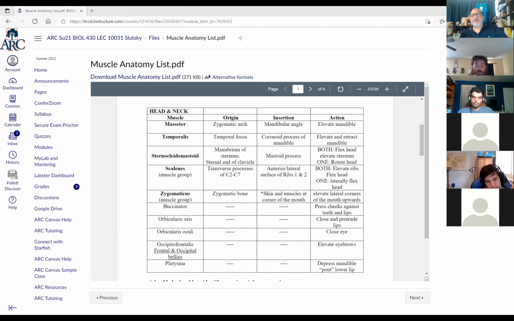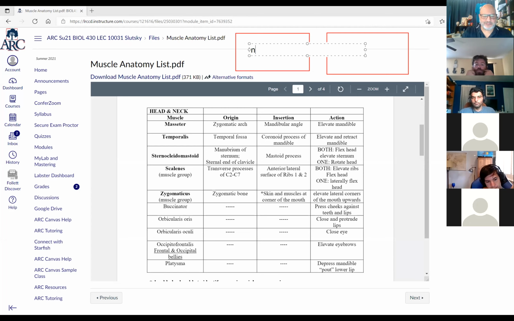What I find people do sometimes with these muscle lists is they'll take their flashcard, and on one side they will just put the name of the muscle. And on the back of the flashcard, they put the origin, the insertion, and the actions.